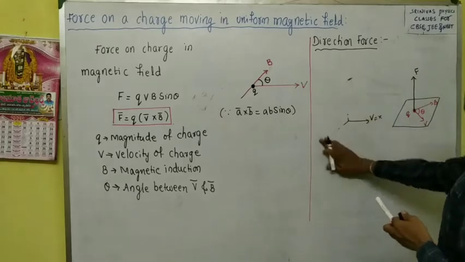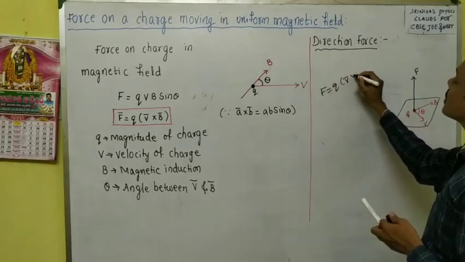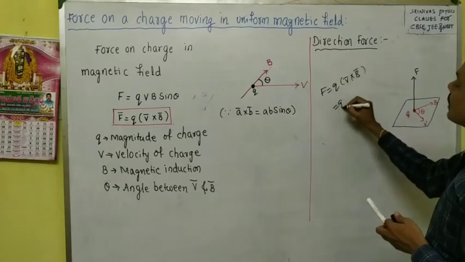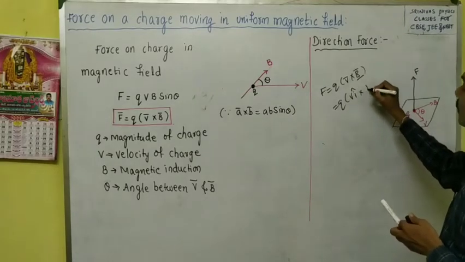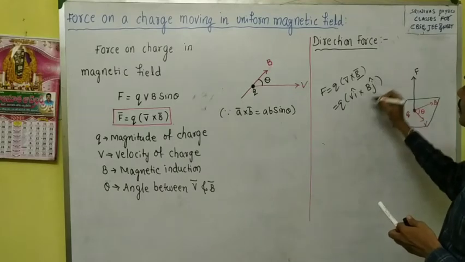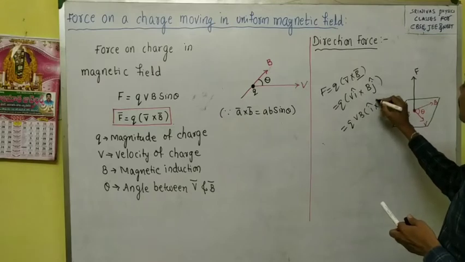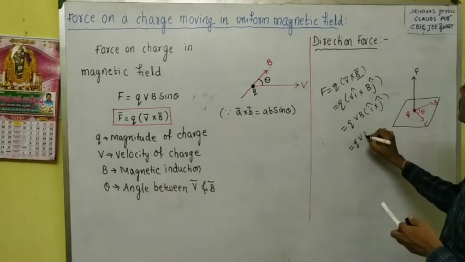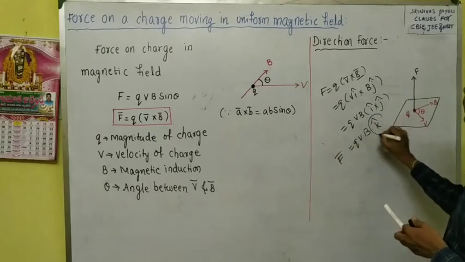Why? We already know the force formula is q into v bar cross B bar. Velocity along the x-axis means we write v i cap. Magnetic field along the y-axis means j cap. We get q into vB, i cap cross j cap. But i cap cross j cap is k cap. That means the force is along k cap.